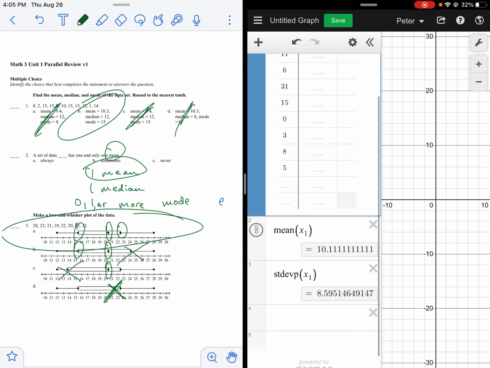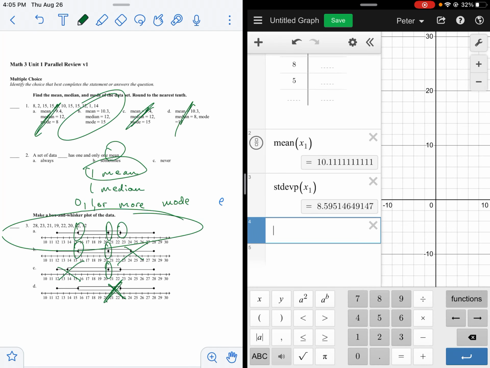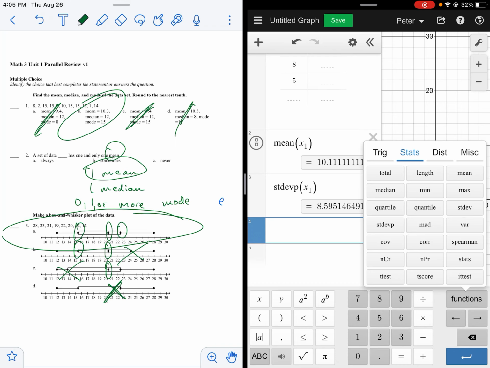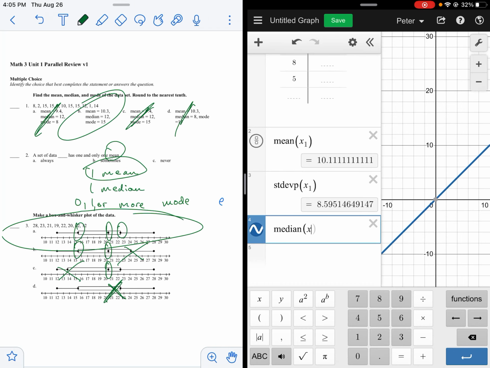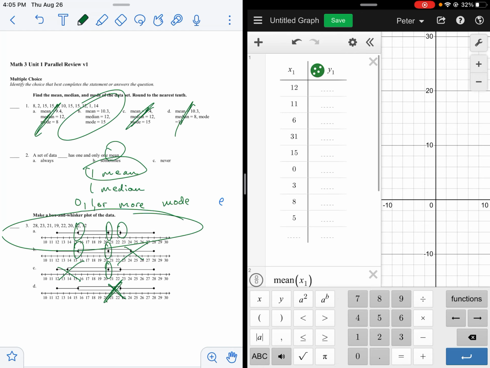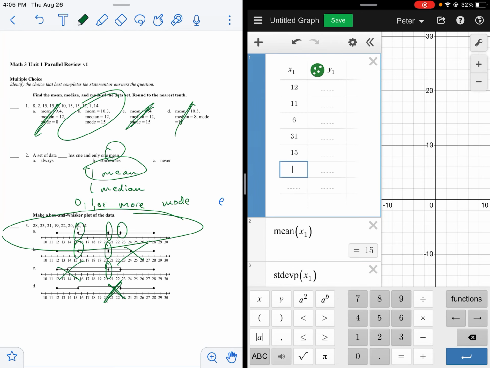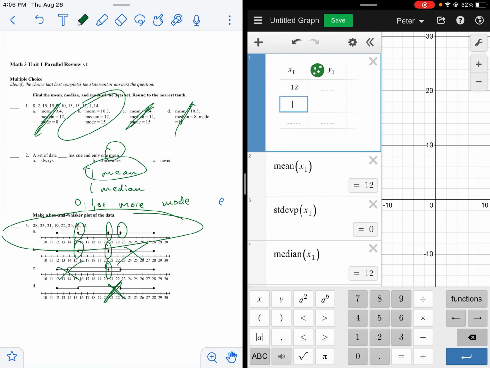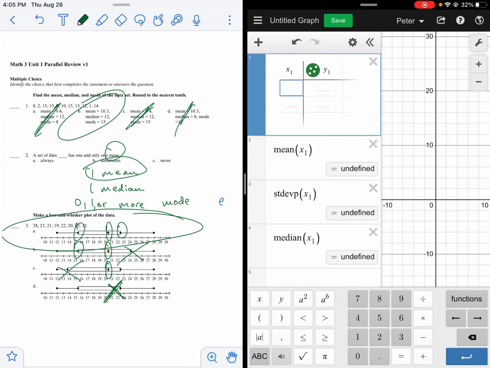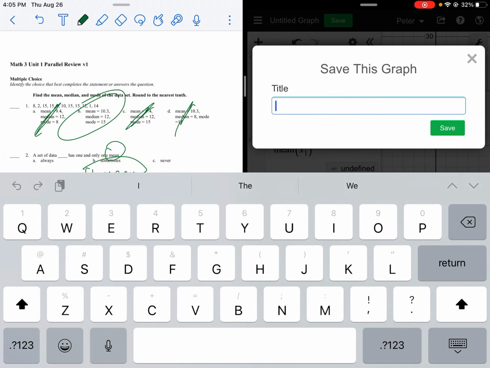The calculator doesn't do the mode, but you could add median to this one with mean so that the calculator will do both. You hit save here and you could call this mean, standard deviation, or normal curve.